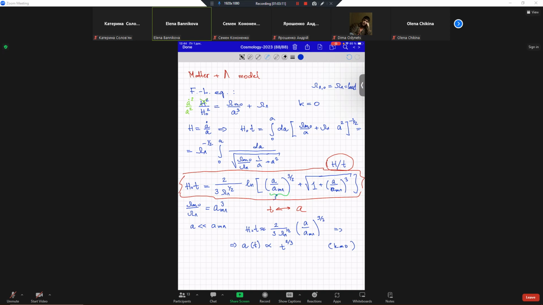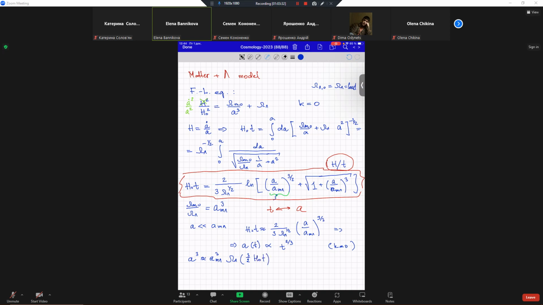In principle, it will be useful. So we can write that a cubed equals approximately a_mΛ cubed omega_Λ0, again 0 is not important, 3 divided by 2 H0 t.